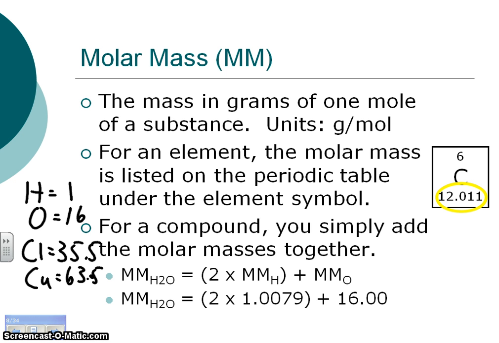Other than that, every single other element you're going to round up or round down respectively, depending upon what the molar mass is. So for H2O, we have 2 times 1, which equals 2, plus 16. So our molar mass for H2O is going to be 18 grams per mole.